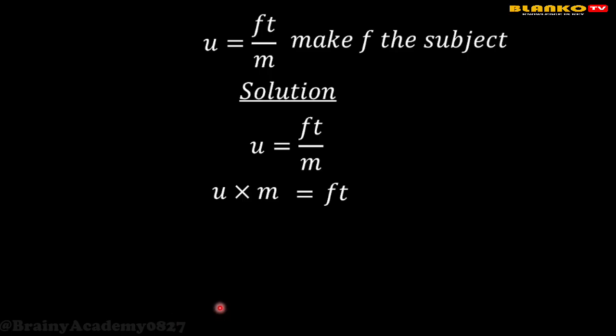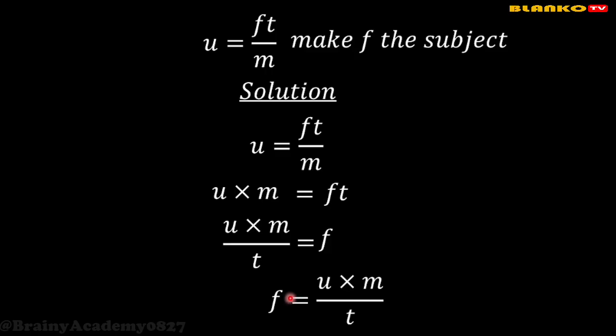This is going to be u times m over t equals f. So therefore, f is equal to u times m over t. I hope you understand. All right, so let's move on to the next example.